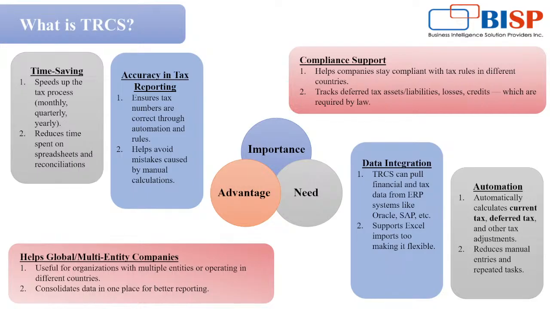Here the permanent differences are items that are never taxable, like exempted income or fines. We can take donation itself, but donation has its own differences. It can be partially included or partially or fully excluded. Then we have the temporary differences, timing differences such as depreciation difference between tax books and accounting books.